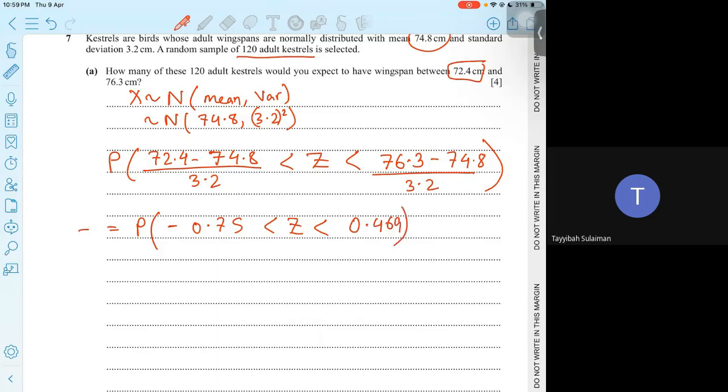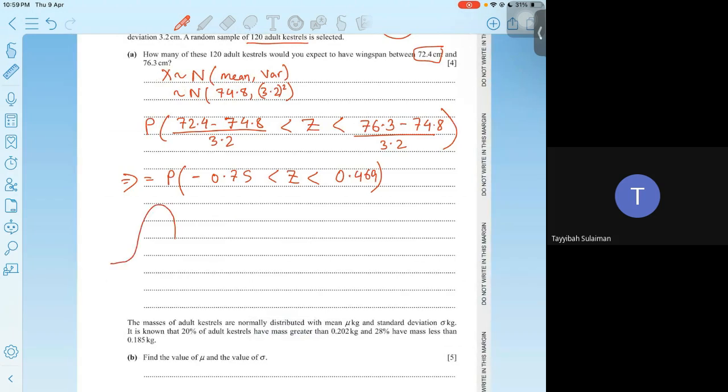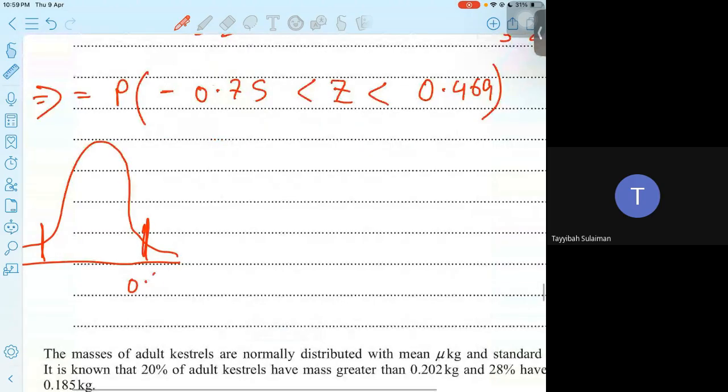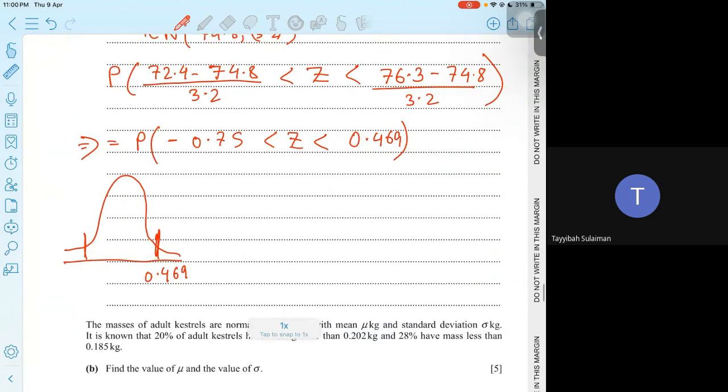Okay. Do we know how to solve this from this point? It's basically saying that from our bell curve, this is the 0.469 mark, and this is the negative 0.75 mark. And we have to find the area or the probability from this point, the shaded region, right? The best way to solve this is to find the entirety from here and then subtract the small part.